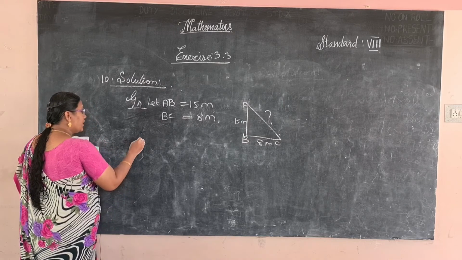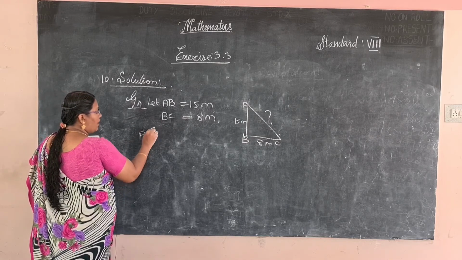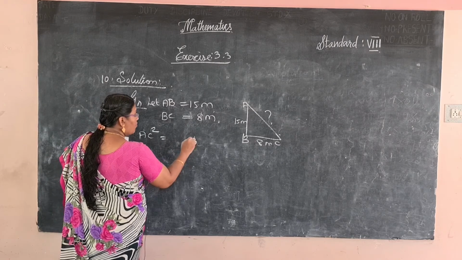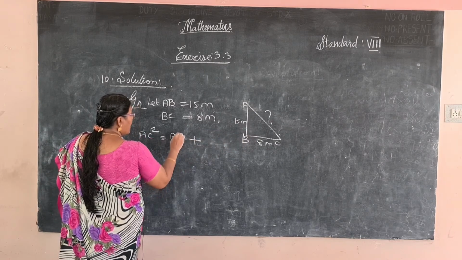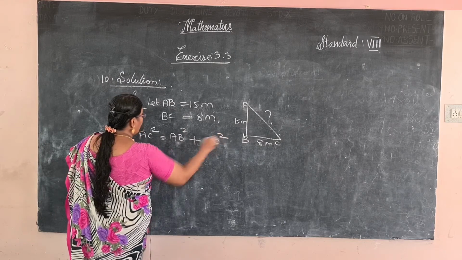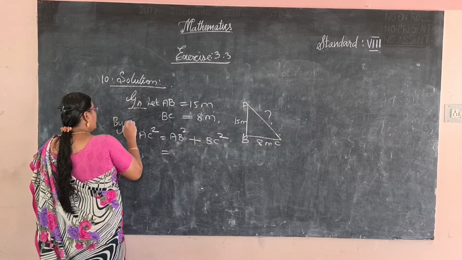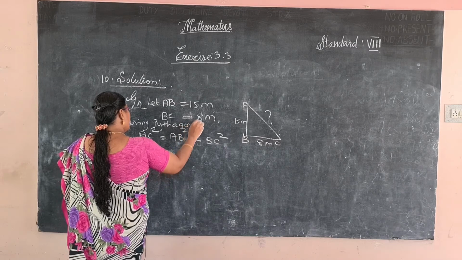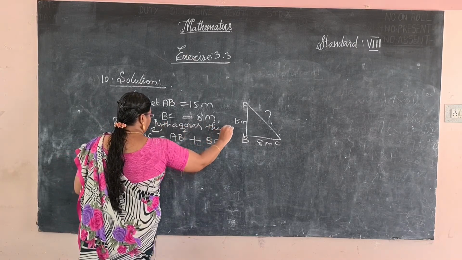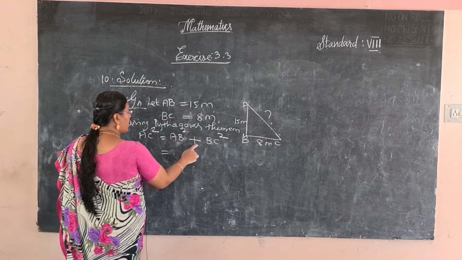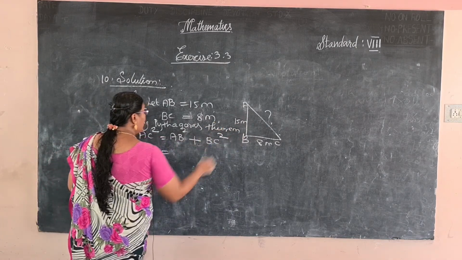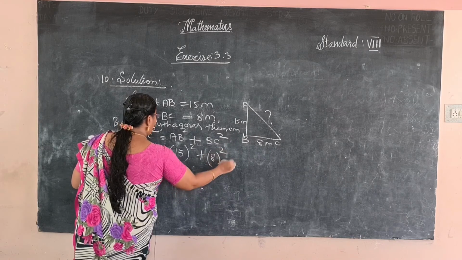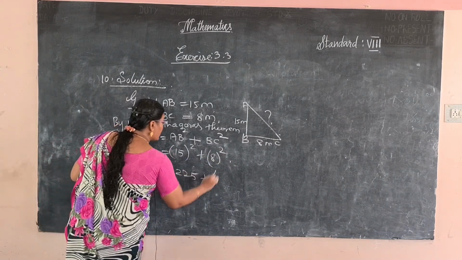So what is the Pythagoras statement? AC squared, the square of the hypotenuse, is equal to the sum of squares of the other two sides: AB squared plus BC squared. AB is 15, so 15 squared plus 8 squared. 15 squared is 225 plus 8 squared is 64.